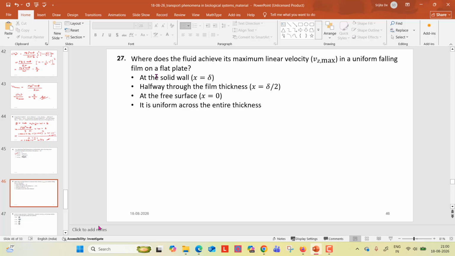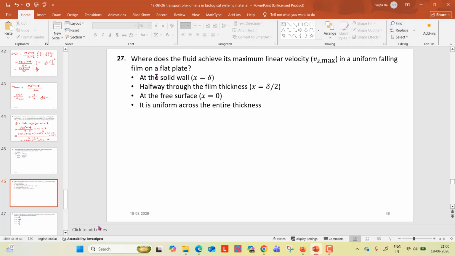Where does the fluid achieve its maximum linear velocity in a uniform falling film on a flat plate? So maximum linear velocity is achieved at x equals 0, that is the free surface.